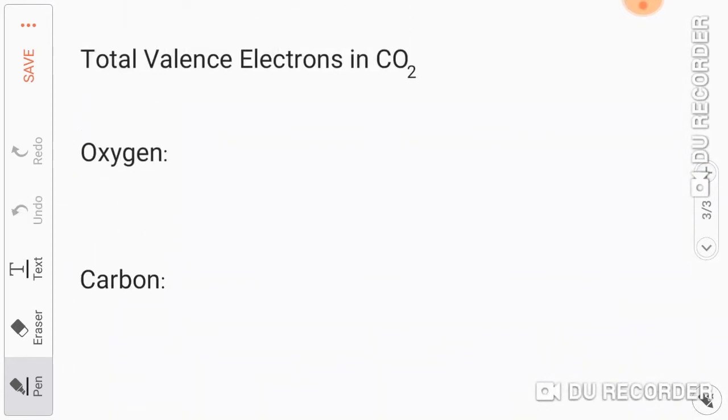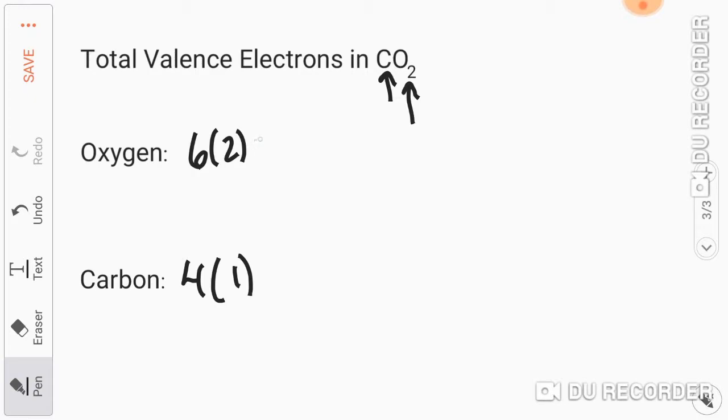Now let's tally up our total valence electrons in carbon dioxide. As we remember, oxygen was in the sixth column, right? And we have 2 of them. Carbon, on the other hand, was in the fourth column, and we only have 1 of them because there's an understood 1 to the right of that C as a subscript.